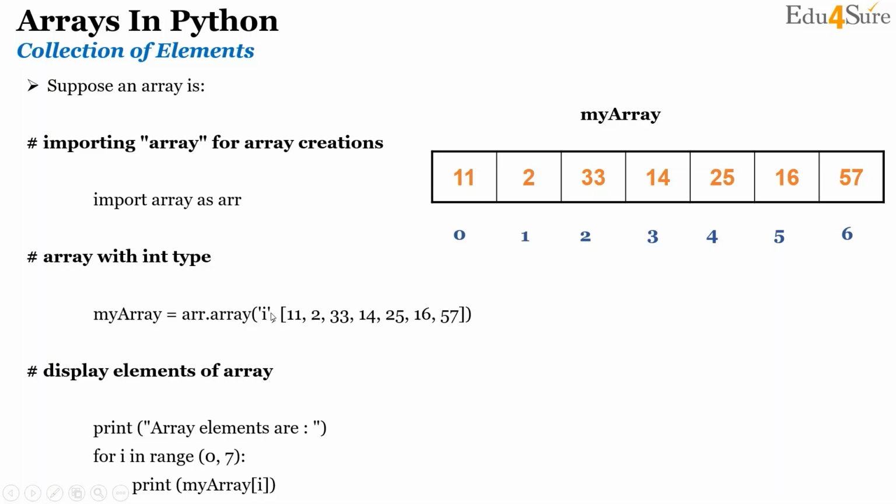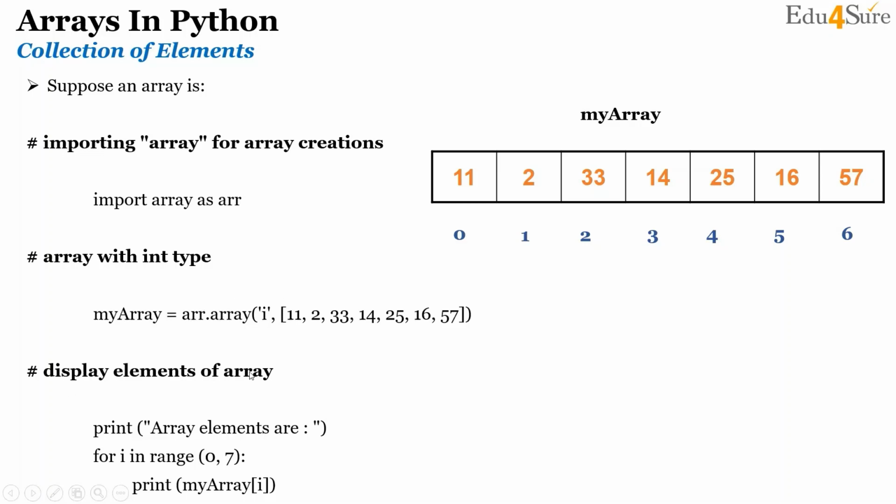Here we use the type code i to refer to integer type values, and the second parameter is the list of numbers that we want to enter. Here we can see in the brackets we have 11, 2, 33, 14, 25, 16, 57. All these numbers will be inserted in the integer type array.